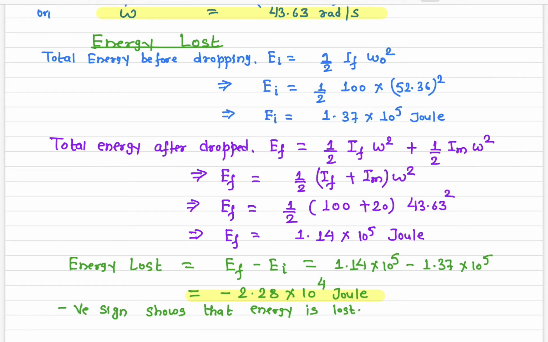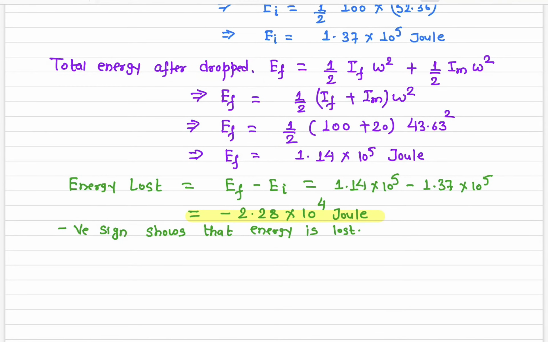So how do you calculate the energy lost? The energy difference is the final energy minus the initial energy, and we get negative 2.28. What does the negative sign tell you? The negative sign tells you the final energy is smaller than the initial energy.